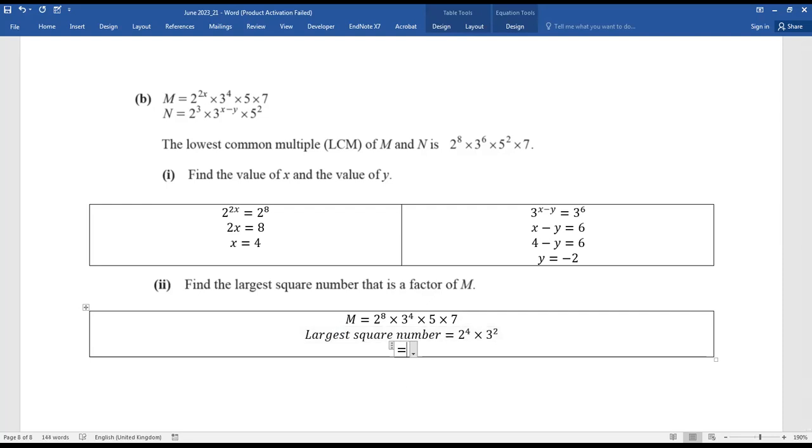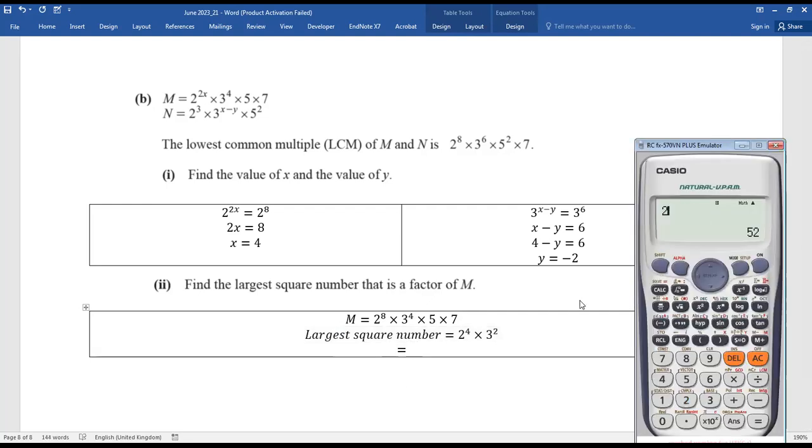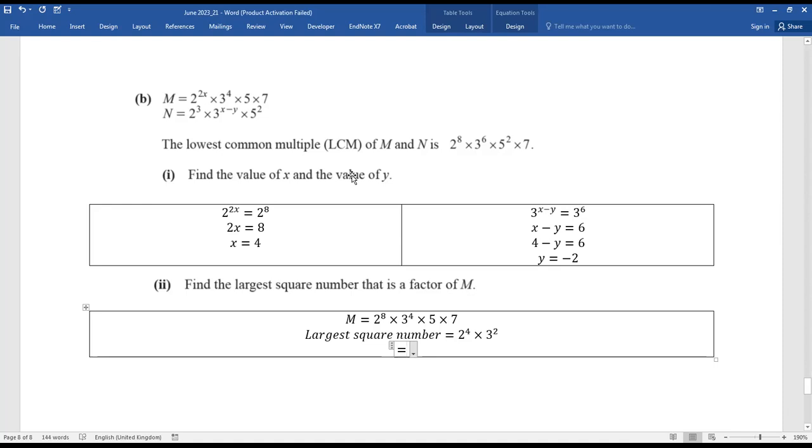So what is this number? You can use your calculator to get it. 2 to the power 4, which is 16, times 3 square, which is 9. So the largest square number that you can get is, which is a factor of, do I have any other largest square number that is a factor of M?